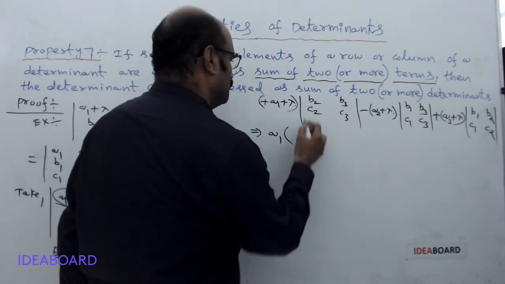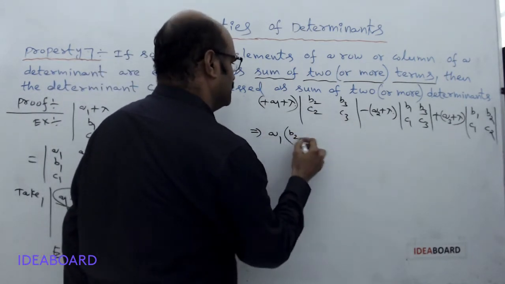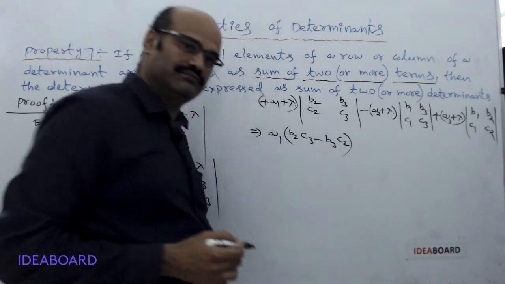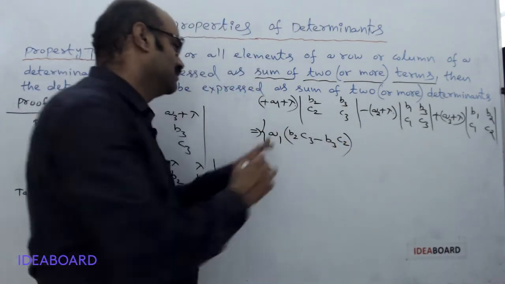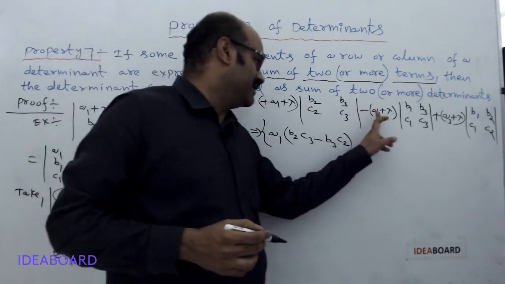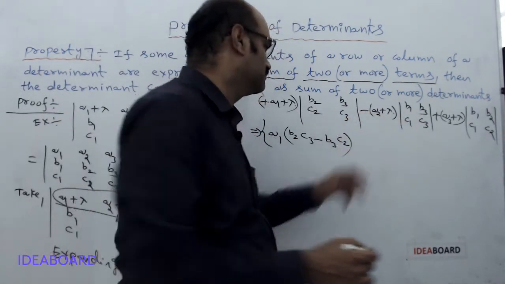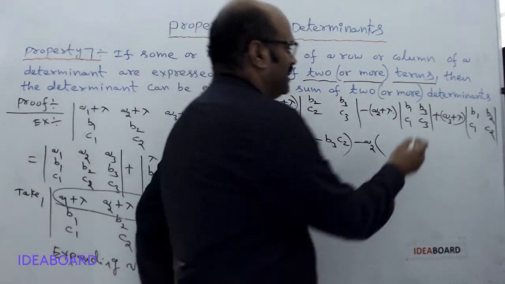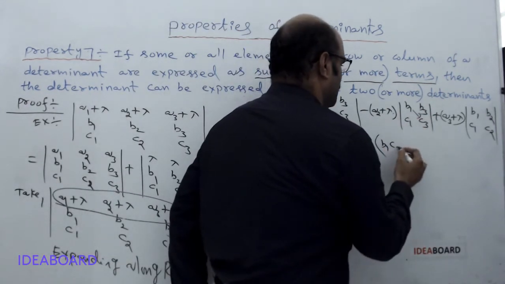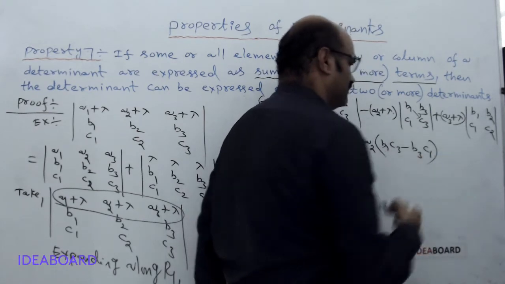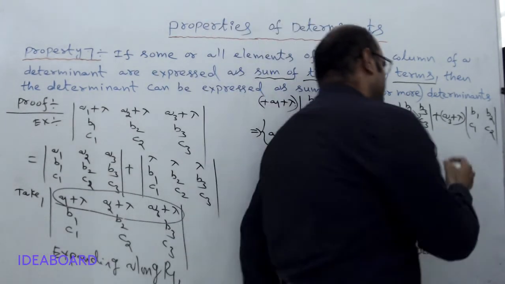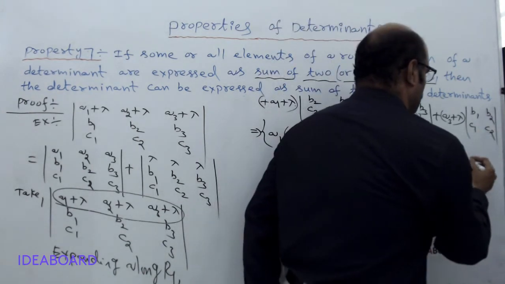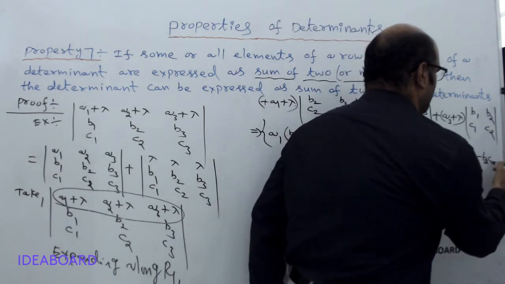So A1 into, simplifying this, B2 C3 minus B3 C2, minus A2 into, multiply these two, B1 C3 minus B3 C1. Now plus A3 into, we have B1 C2 minus B2 C1.